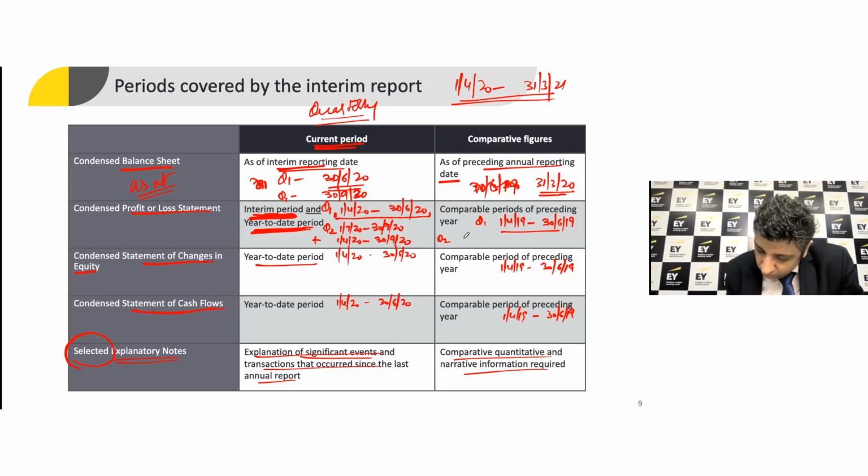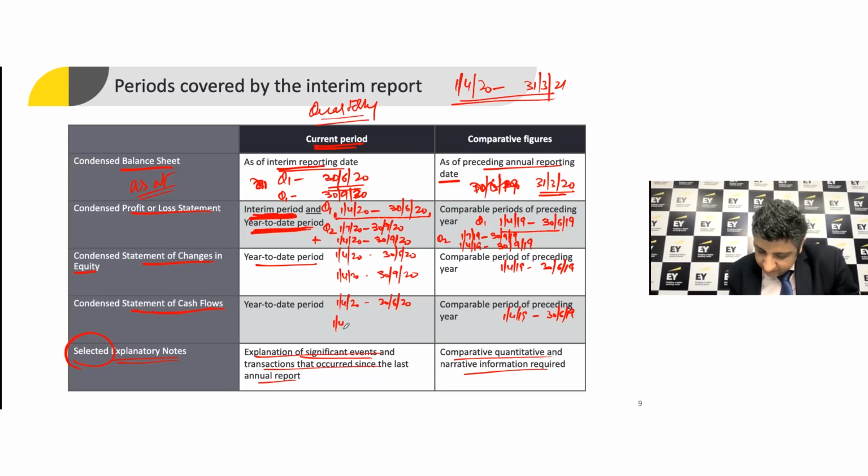When we look at the Q2, we are talking about 1st of July 19 to 30th of September 19. And then we are also looking at 1st of April 19 and a YTD performance, which is 30th of September 19. And then this is straightforward, 1st of April 20 to 30th of September 20.